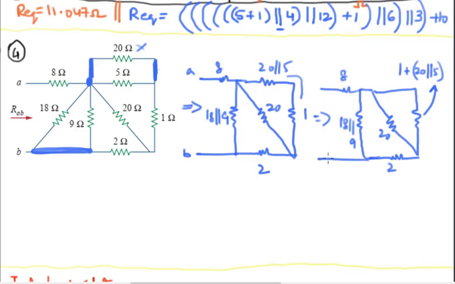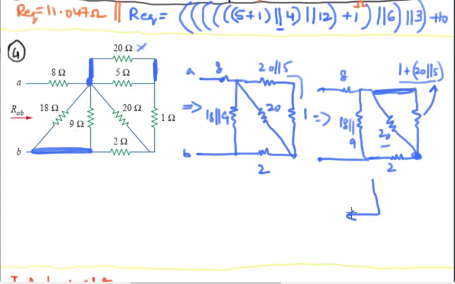So this is how the circuit gets reduced. I'm not solving these parallels, so you can solve them for yourself. The answer is provided in the handout. Now in the third stage you can see that this 1 plus 20 parallel 5 and this 20 ohms, they both are in parallel because they are sharing the same two nodes.